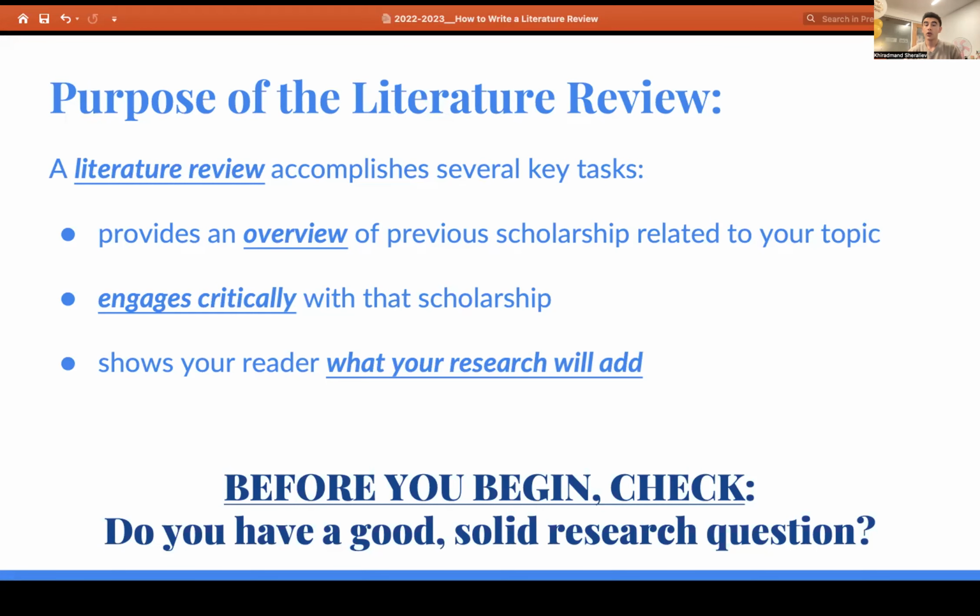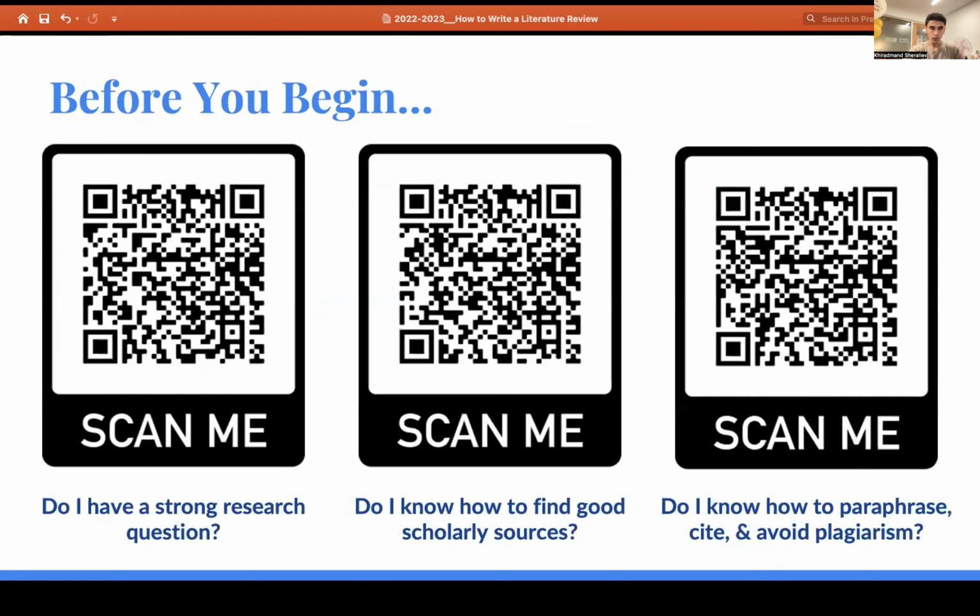So that's why you need to make sure that you have a good, solid research question before you move to the literature review part. So if you don't have a research question, or if you are not sure about your research question, then you can take the picture of these 3 QR codes about the previous workshops conducted by the center, and then you can check them out.